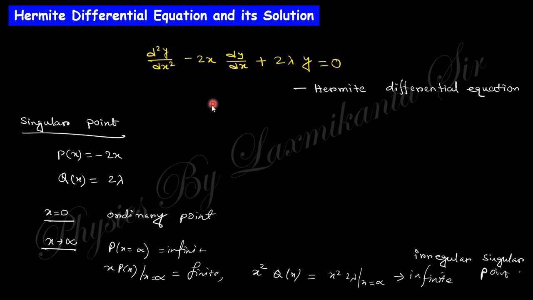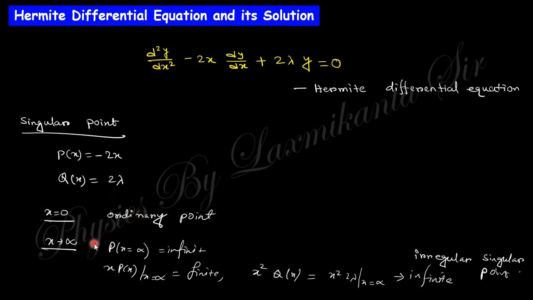If you attended the first lecture, you know how to find the singular points, whether regular singular point, irregular singular point, or ordinary point. Using this concept, you can easily find them. You can see this is p(x) and this is q(x). At x equal to 0, p(x) and q(x) are both finite, so x equal to 0 is an ordinary point.